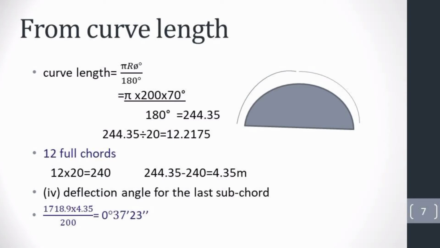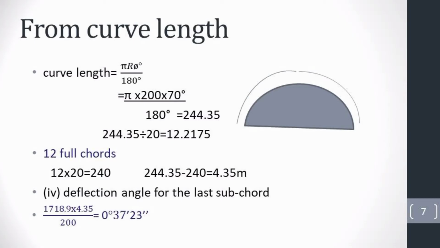So from the curve length, I'm going to divide it by 20 meter chords to get the number of full chords that were present on the curve. Having divided there, you can see our full chords are 12. So we have 12 full chords, and that means our total distance covered by the 12 full chords was 240 meters.